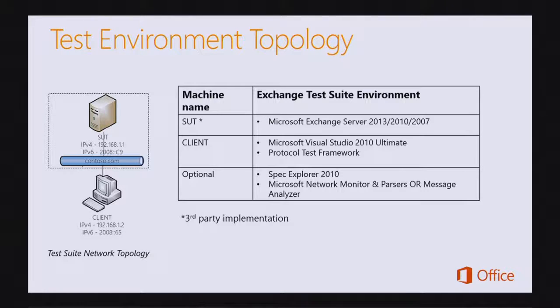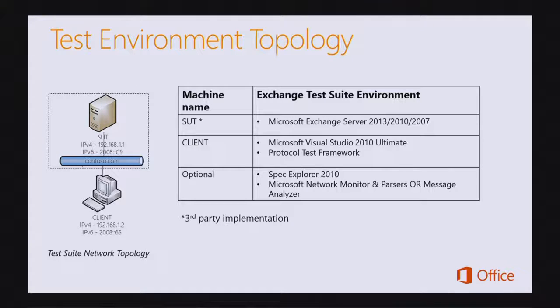For the client, you basically need Visual Studio 2010. We know that people are starting to use 2012 or 2013, so we are in the process of working on that too. Sometime in the future, we'll move our test suites to the latest Visual Studio. Like I mentioned, we also rely on the protocol test framework for some of the libraries.